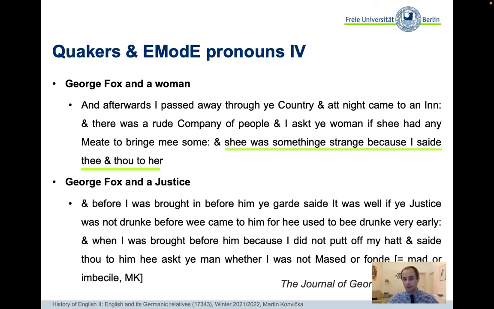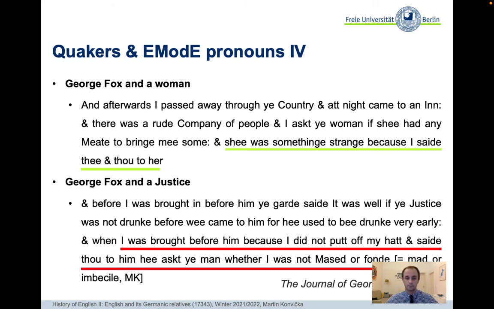Right? So again, this is a harsher reaction. So George Fox was against formalities, against politeness, and this way of speaking produced this reaction in the judge, who asked whether George Fox was mad or imbecile because of his language use.